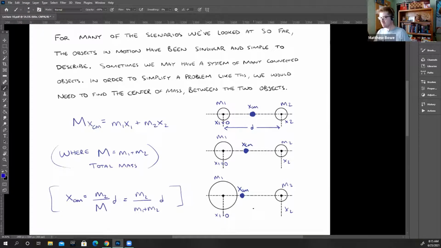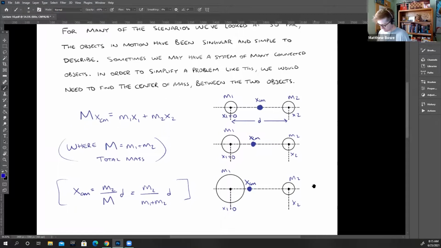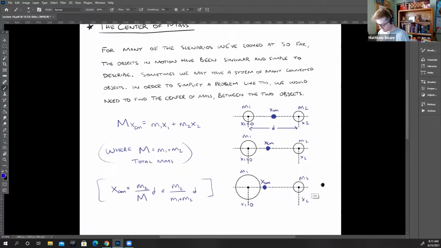In any case, if I looked at the whole system of Earth and Moon, the center of mass isn't right at the center of the Earth. It's drifted up a bit, towards the crust of the Earth. So that would be the center of mass of that system.